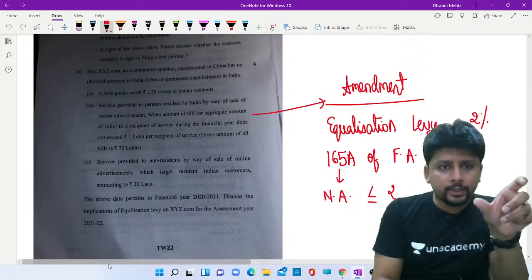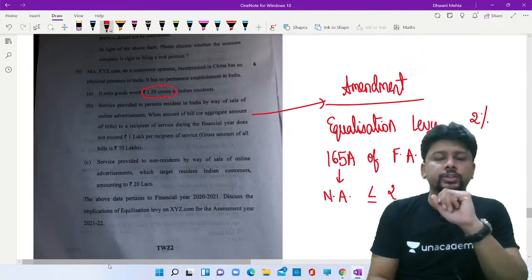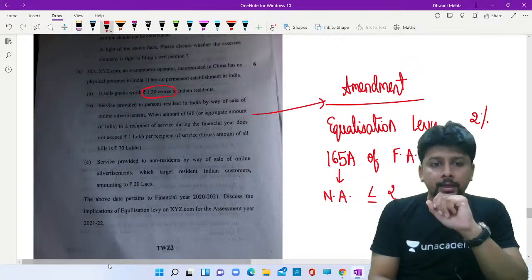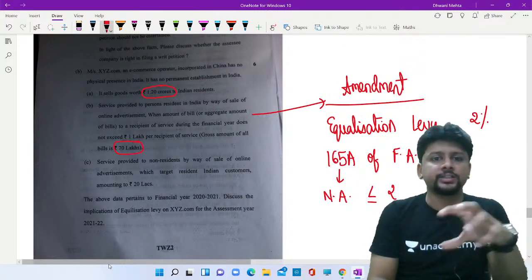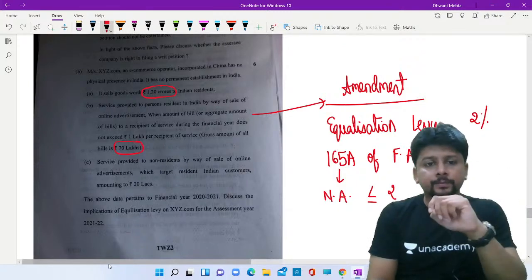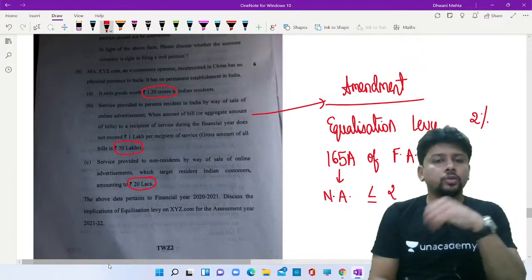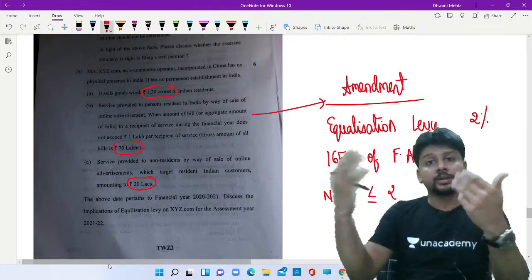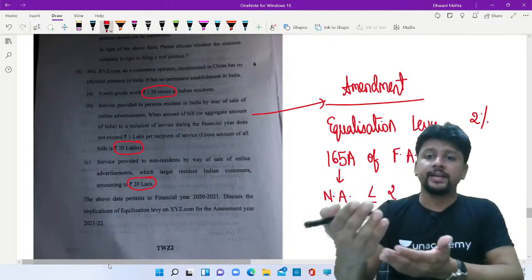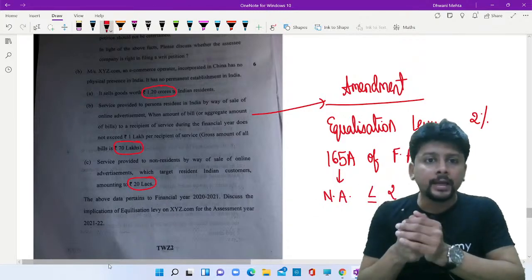Now, 1.20 crores is the transaction of sale of goods. 70 lakh rupees is the transaction of providing services to residents, and 20 lakh rupees is providing services to non-residents. When you total up, it goes above 2 crores. And so, yes, equalization levy will apply.